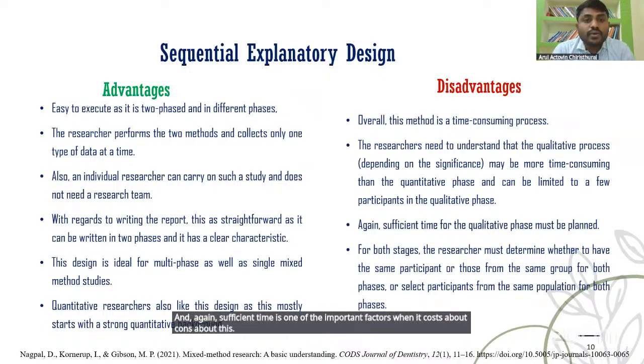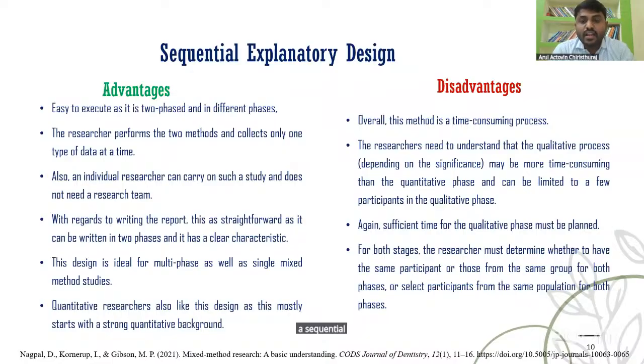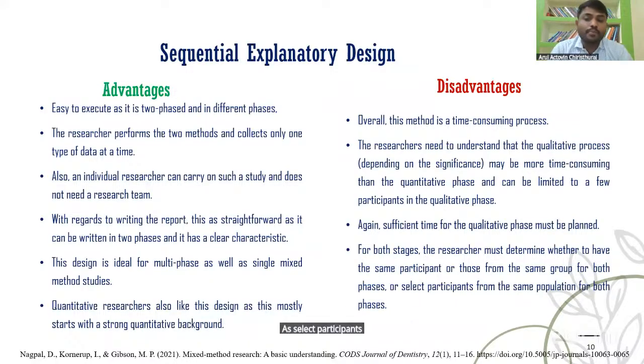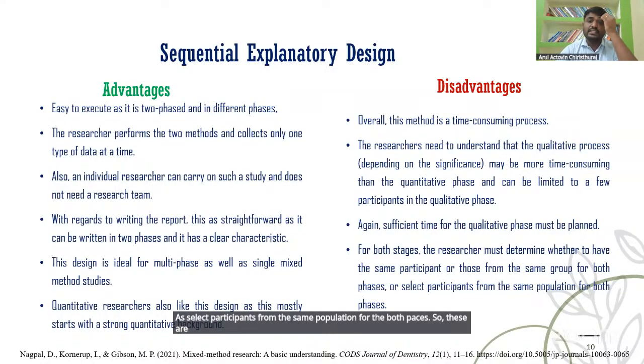Another con about a sequential explanatory design: for both stages, the researcher must determine whether to have the same participants, from the same group, for both phases, or select participants from the same population for both phases. I will clarify this doubt very clearly.